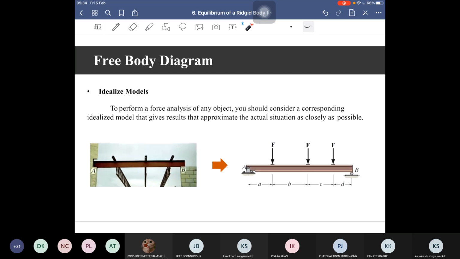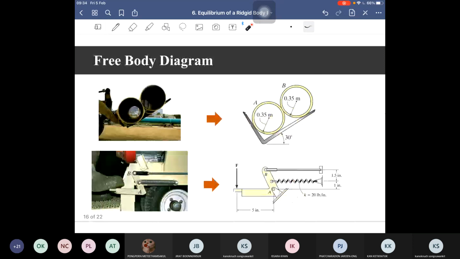Now let's see some examples of free body diagrams. Okay, the first one, 2 smooth pipes placed on these forks. Let's say that we have 2 pipes, A and B. Each pipe has equal dimensions.